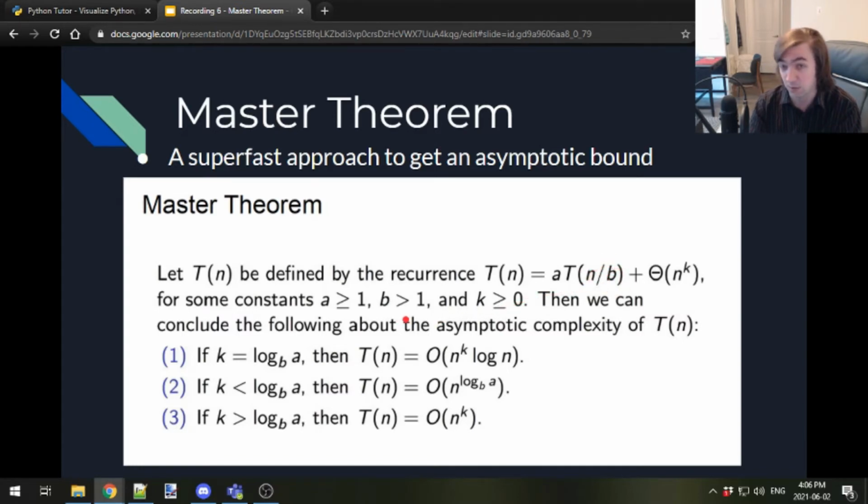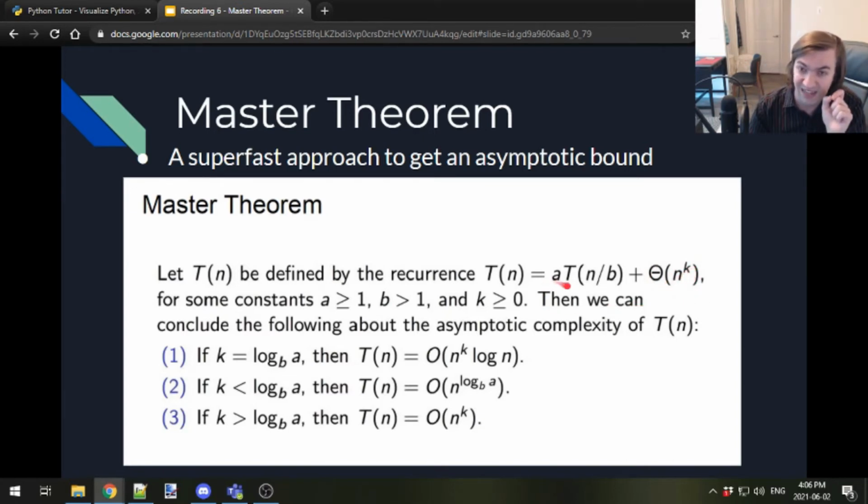It cannot be equal to 1 or smaller, or you have weird stuff going on, plus something that is a function that is big theta of n to the k, where k is greater than or equal to 0. So this generally needs to be a polynomial, otherwise the master theorem does not apply.